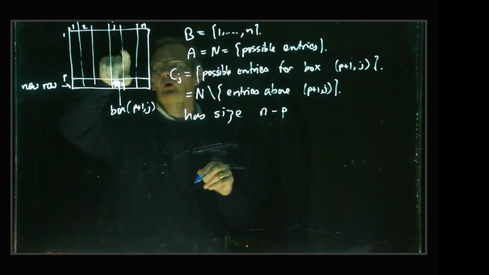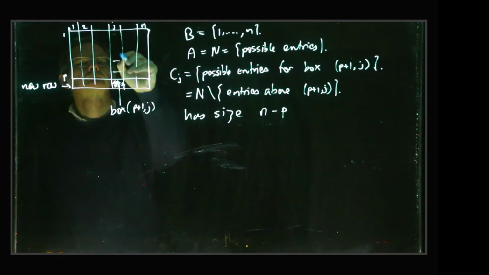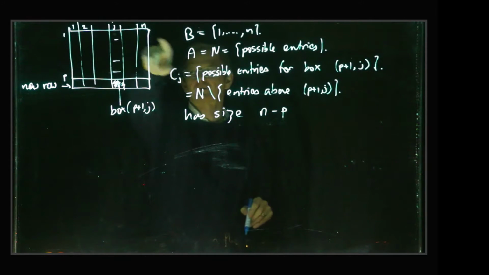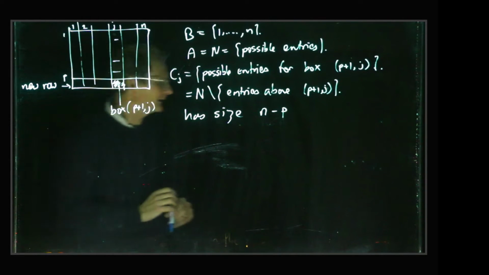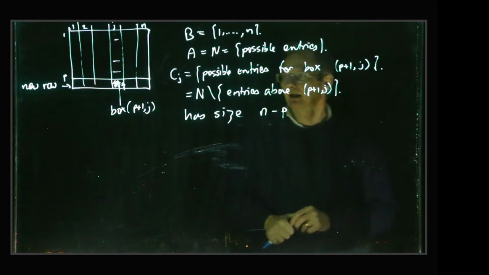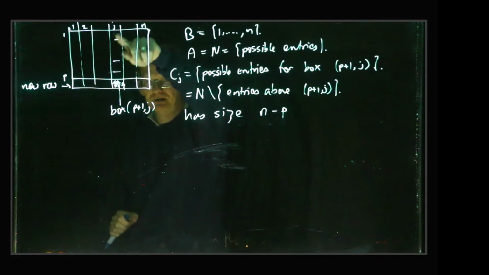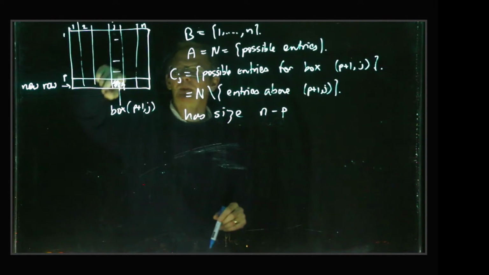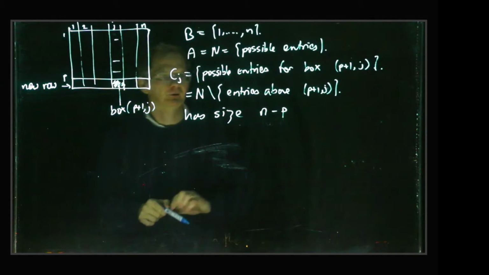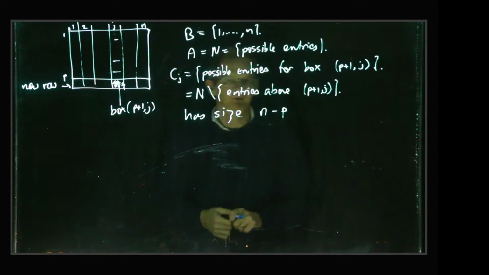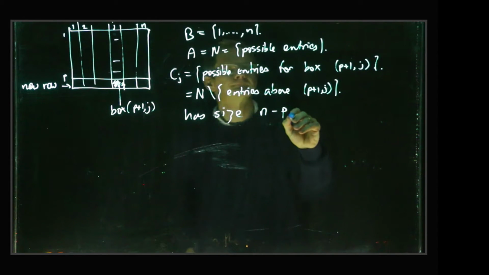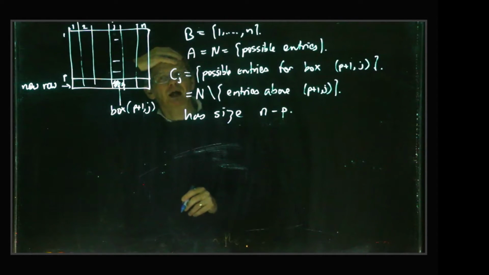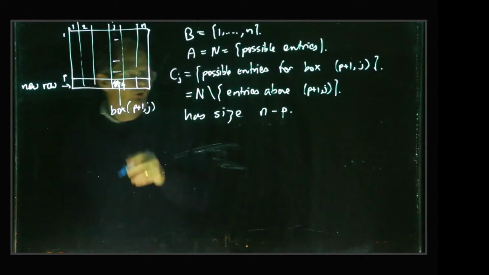Of course you've got P boxes here, so there's P different things, and they all have to be different, because we're assuming that the original L, a Latin rectangle, has the proper Latin property, so there's no repetitions in this column already. So you've actually got precisely P different entries above this box, and those are the ones that are excluded. So there's n minus P things that we can put in. Okay, so that's our Cj. Then what's the corresponding Rk?